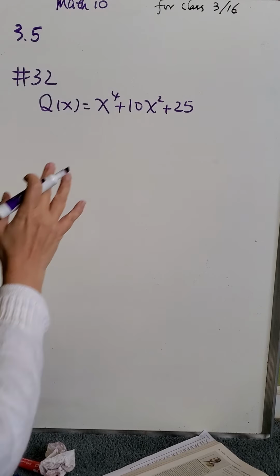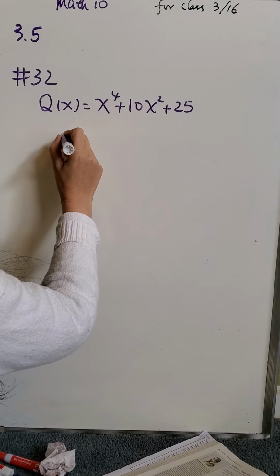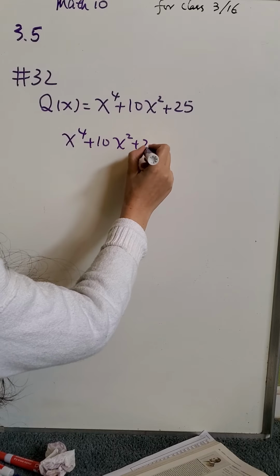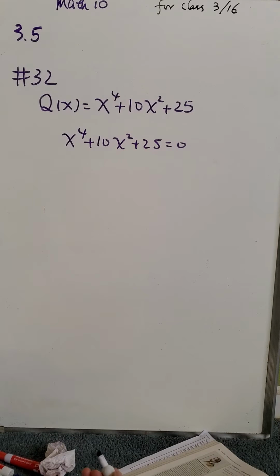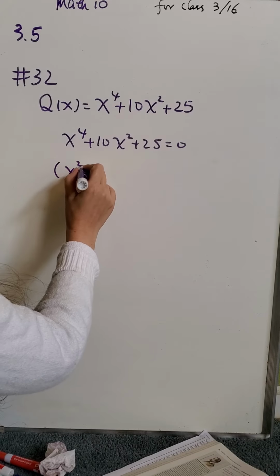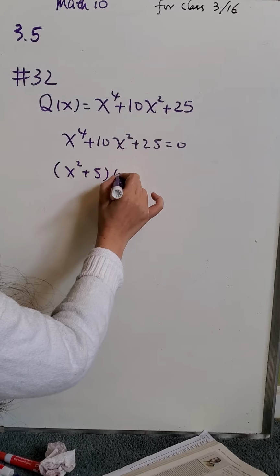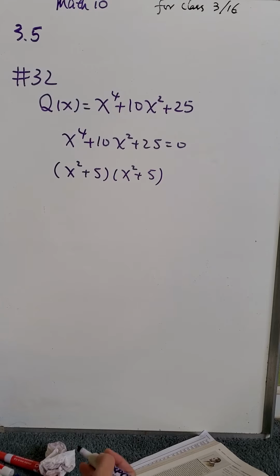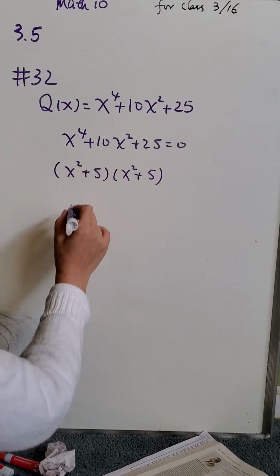We're going to solve this one first. Equal 0. Okay, and we factor this. You can tell this is x squared plus 5, x squared plus 5. That right? So it's x squared plus 5, squared.